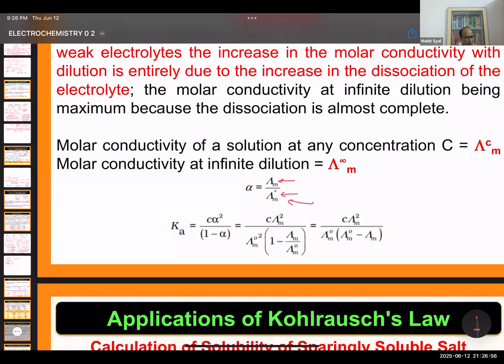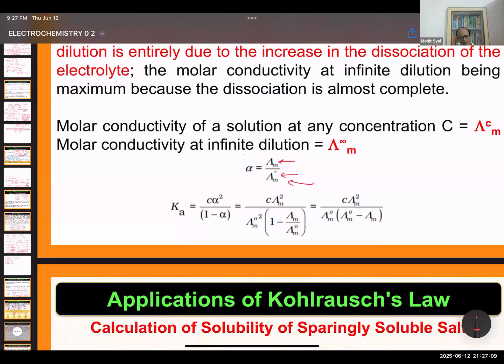Take the ratio, and you will get alpha, say 0.1. Put in 0.1 and solve it, and you get the value of the dissociation constant of an acid. This is known as the dissociation constant of an acid, or the equilibrium constant for the dissociation of an acid. One and the same.